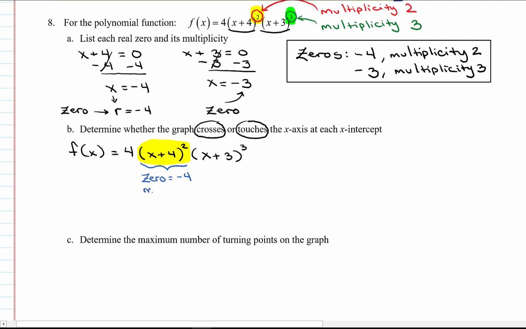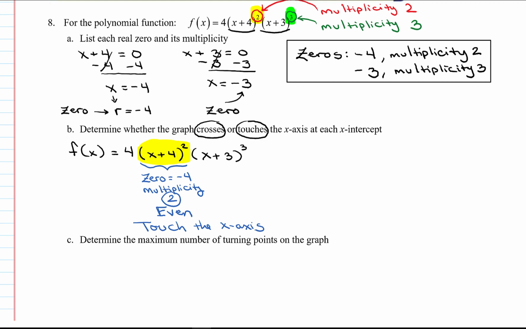The multiplicity on this is a 2 because it's squared, and because it's an even power and it has even multiplicity, we say that it touches the x-axis. So it's just going to touch the x-axis at that point.